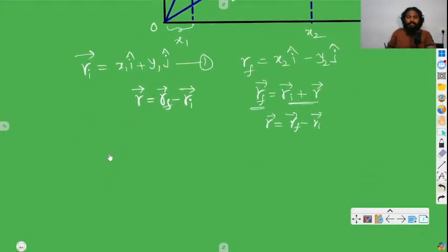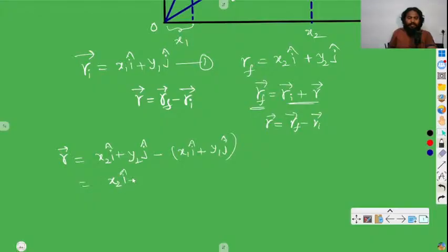Now let us substitute those values. What is R? R bar is equal to RF, which is X2 I cap plus Y2 J cap, minus RI, which is X1 I cap plus Y1 J cap. This is the initial position vector, and this is the final position vector. So X2 I cap plus Y2 J cap minus X1 I cap minus Y1 J cap.